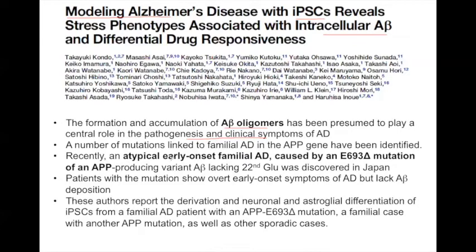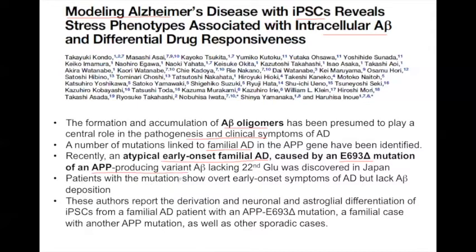So there are a number of mutations linked to familial AD, as I've just said, the APP and presenilins, for example. And recently, an atypical early onset familial Alzheimer's disease, which is caused by a mutation called E693 delta. What that means is it's the deletion of a glutamine, and it's an APP producing variant, and it's from a Japanese family.